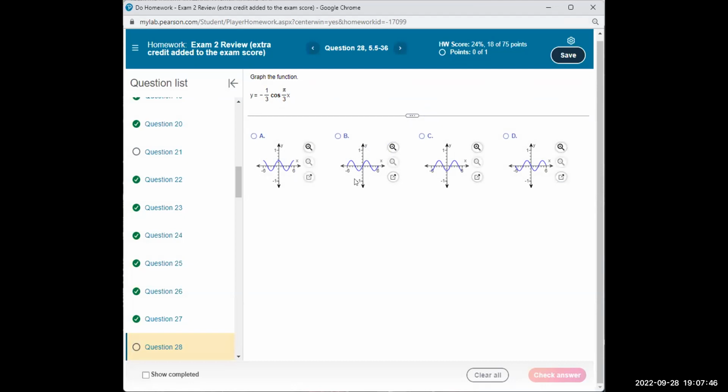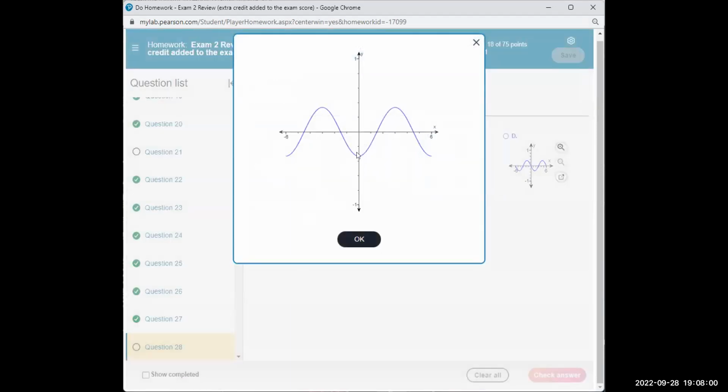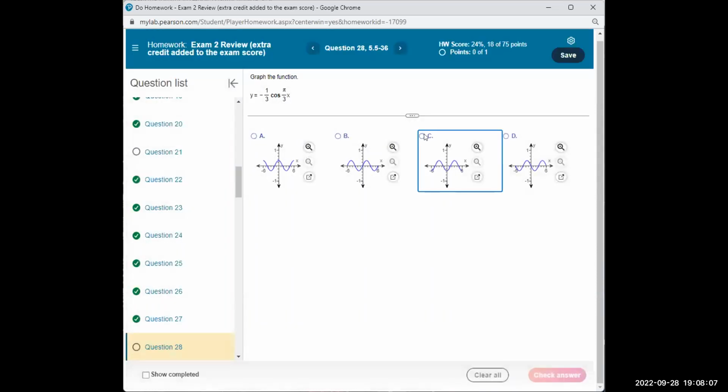And in each picture here, you'll see that the one single wave goes to 6. So that looks good. And like I said, it's going to be an upside down vase shape, and it looks like C is the correct choice. As you can see, here's the upside down vase shape right there for cosine. So that is the correct choice.